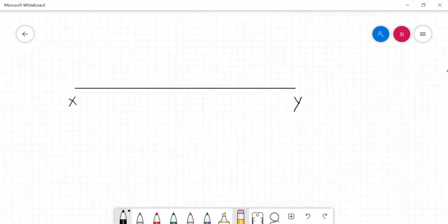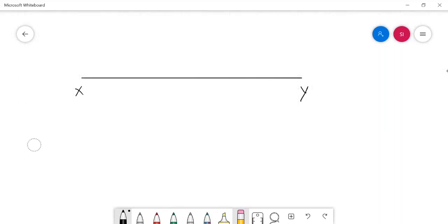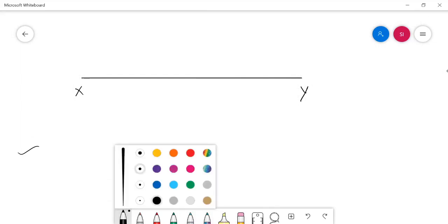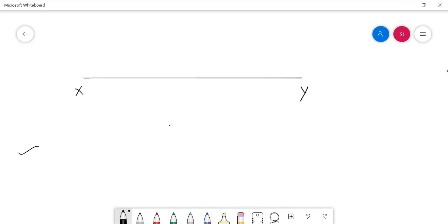So we need to draw the base view in the top view, and then one base edge of the solid needs to be maintained perpendicular to the VP.